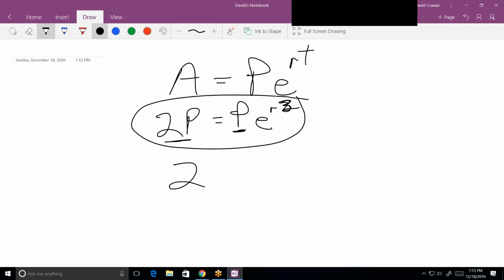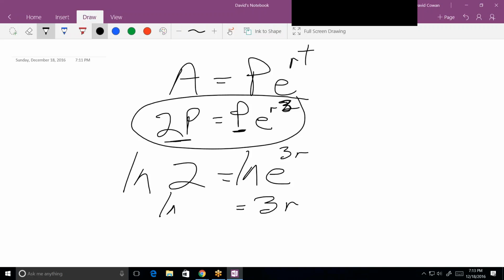In other words, now I have 2 equals e to the 3r. Take the natural log of both sides, and you end up with 3r equals natural log of 2, which means r equals natural log of 2 divided by 3. So that's r. So now we have a specific equation for amoebas.